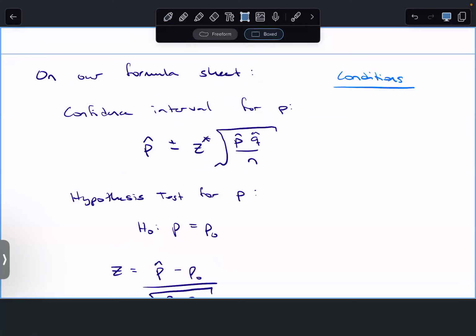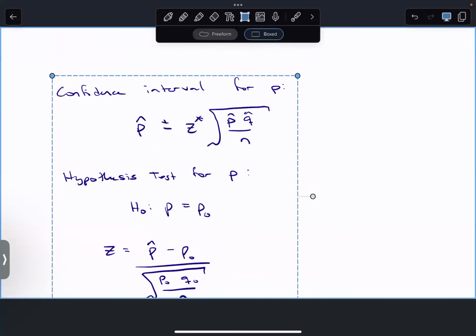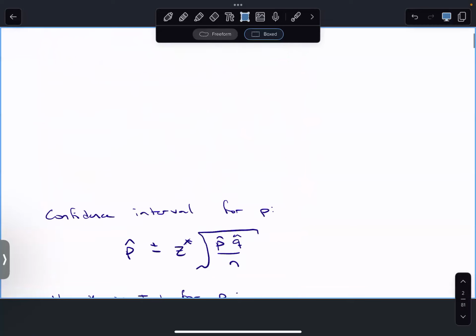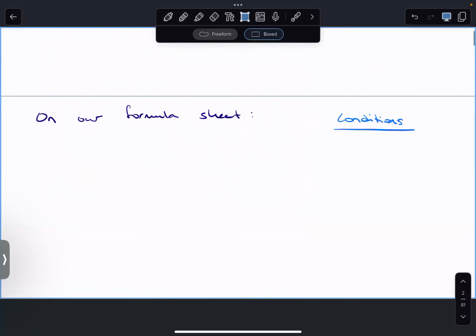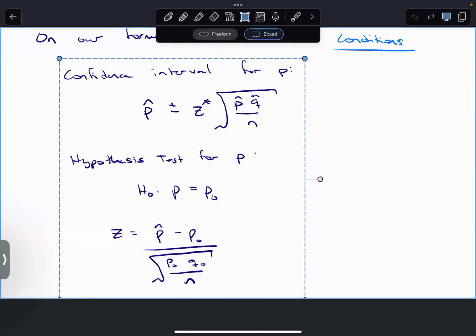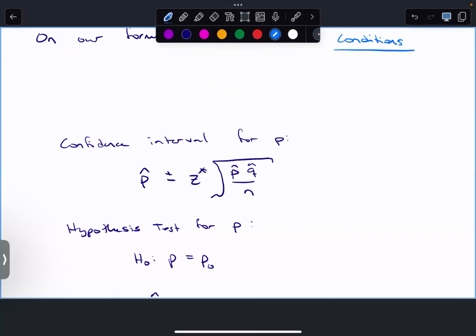I want to highlight that they have the same conditions for the first part. Oops. First part of what, Emily? Whoa, nope, there. Too far. Let's see here, undo, there. Bump them down a little bit.